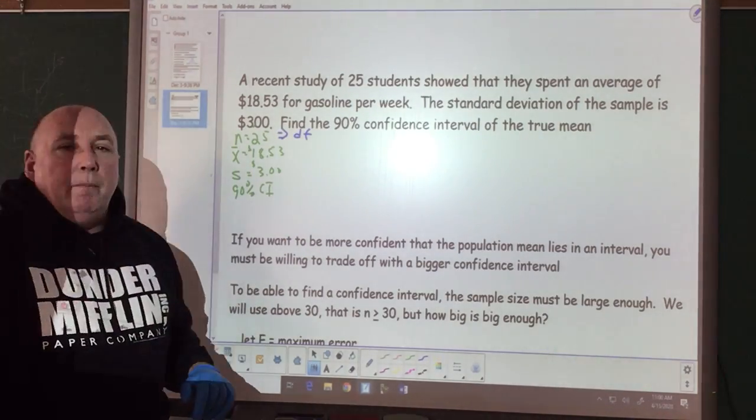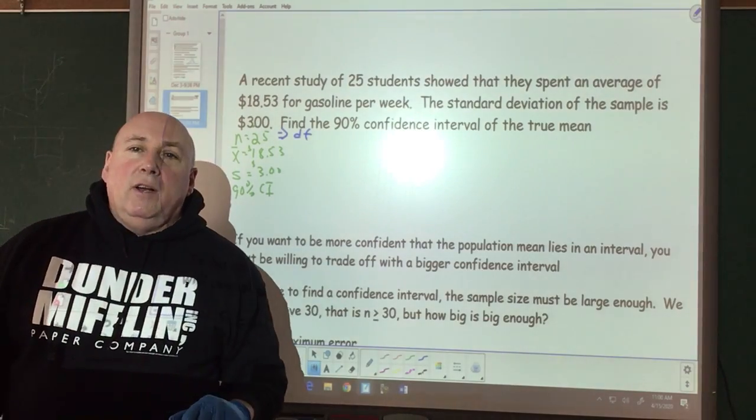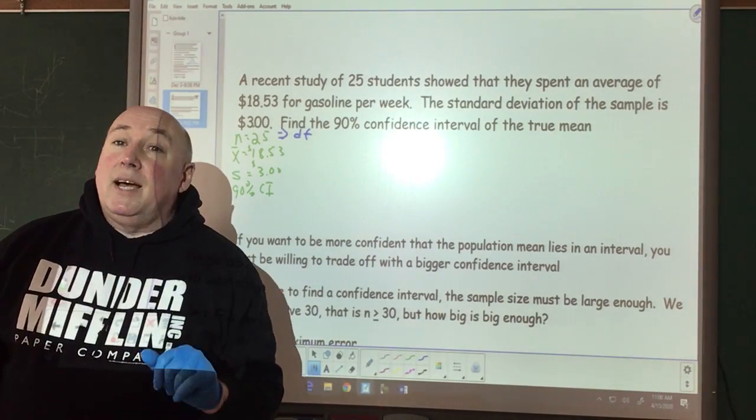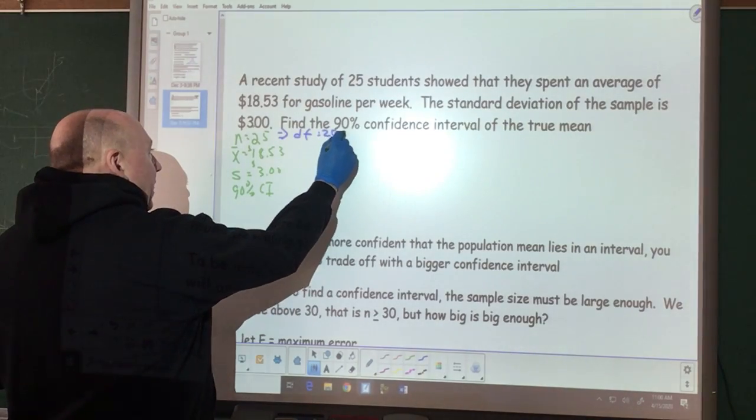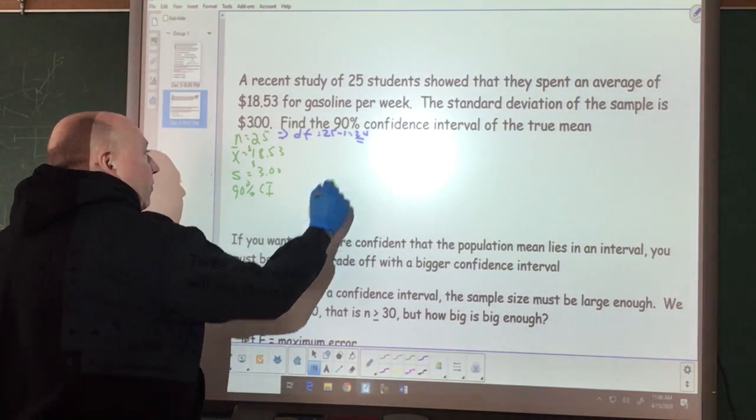My degrees of freedom. How do we calculate our degrees of freedom? Well, we take our sample size minus 1. So we have 25 minus 1, which is 24.